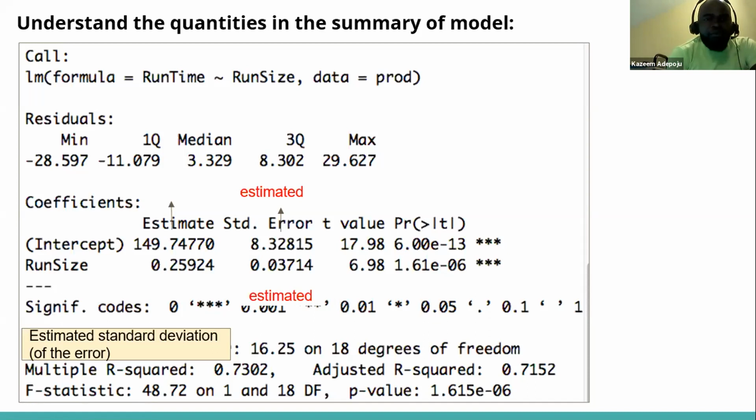Now using the R code, let's say this is the result. Now I want to show you some terms in this result. When you look at here, this has to do with the residual.